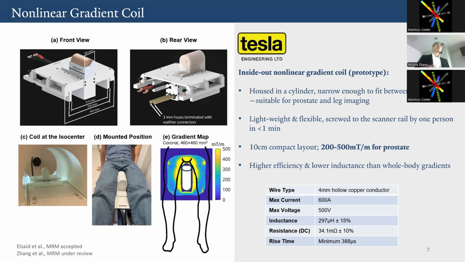And because of the limited spatial coverage, it offers higher efficiency and lower inductance than whole body gradients. And this table is some properties of the gradient coil if you're interested in it.